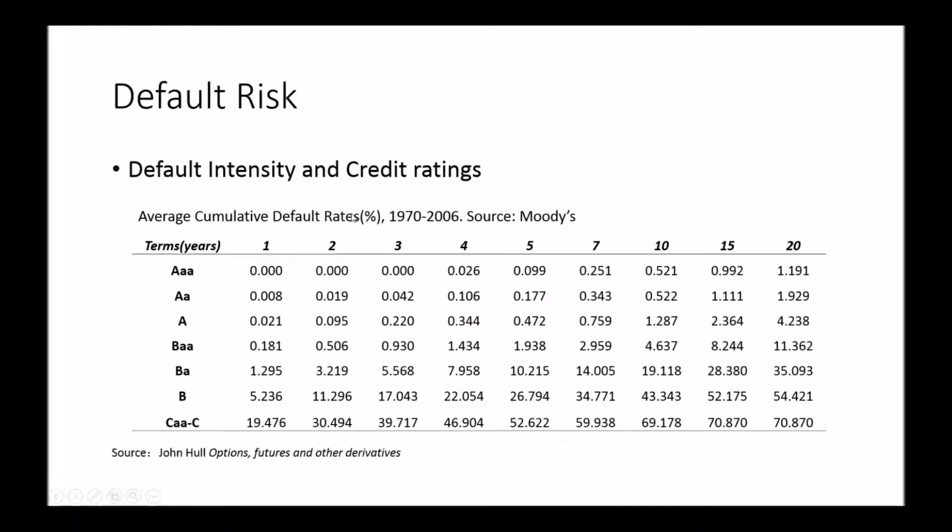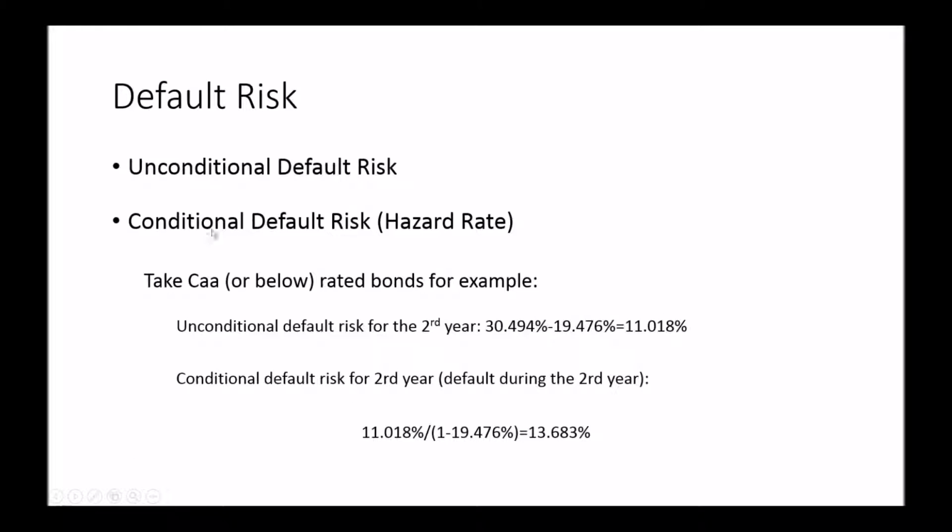That is, the default time of this bond is after the end of year 1, but before the end of year 2. To calculate the conditional default risk, we will use the 11% divided by the possibility that it will not default in the first year. That is about 81%, 1 minus 19.5%. So that will give us about 13.7%.